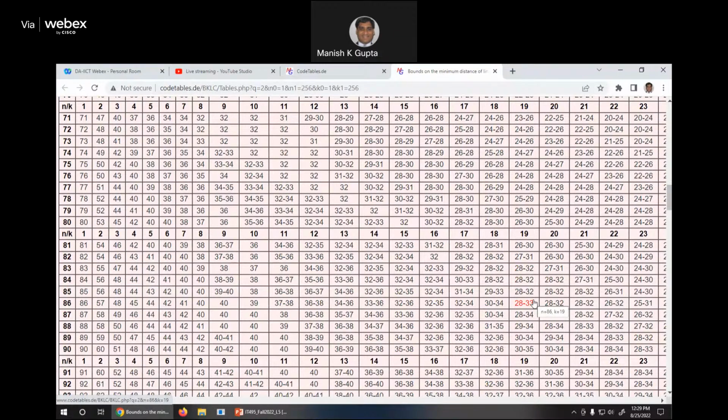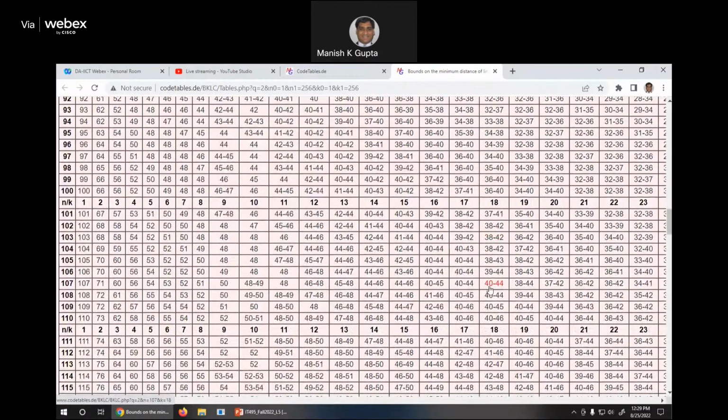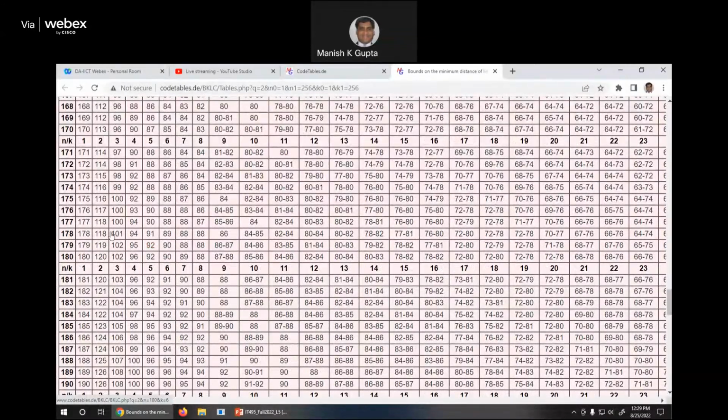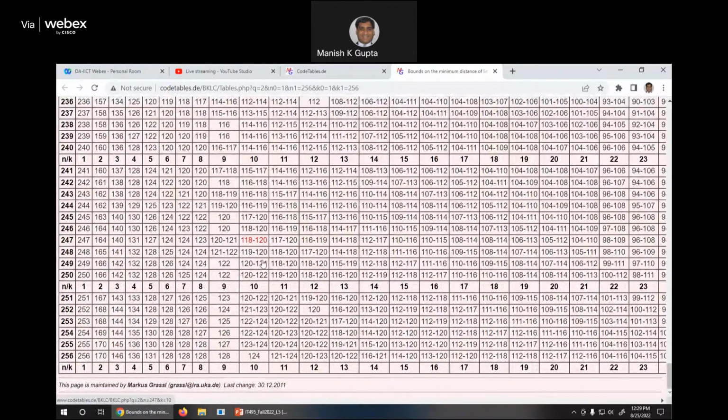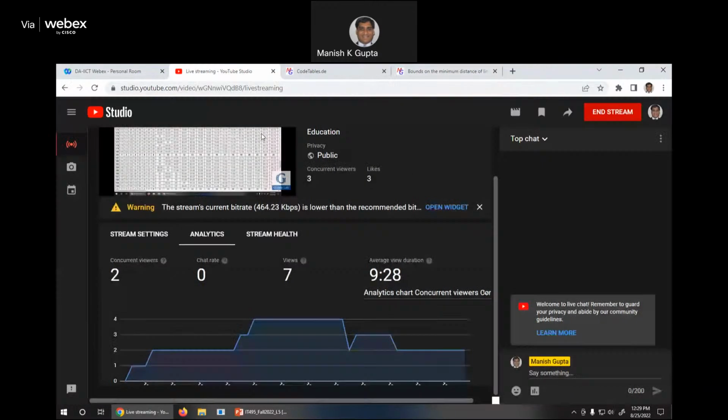How to construct, that is your job, you have to use your brain somehow, and you will see something interesting, right? So you can clearly see the lower side is what people have found, but on the upper side, things are still open. This is all about bounds, actually.